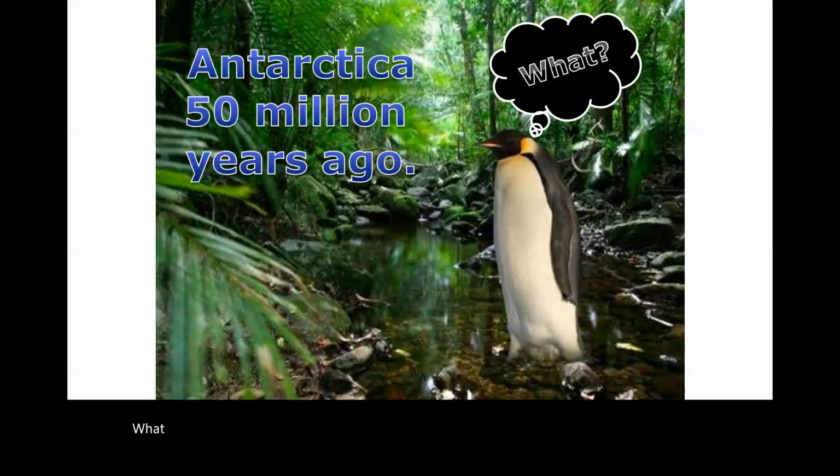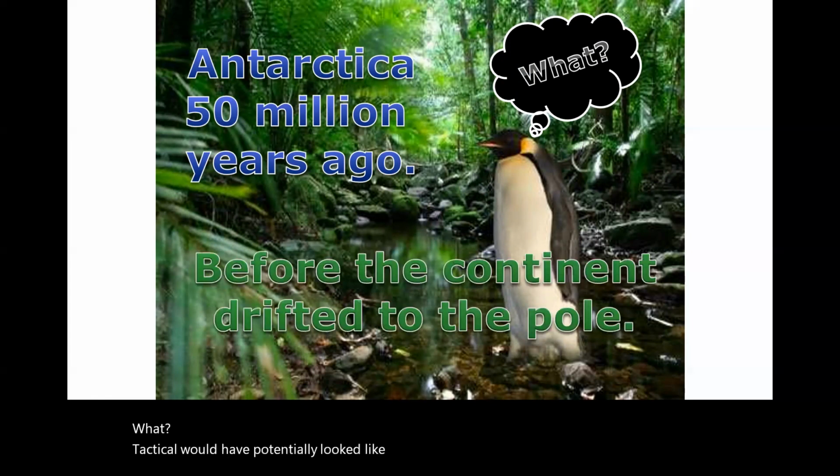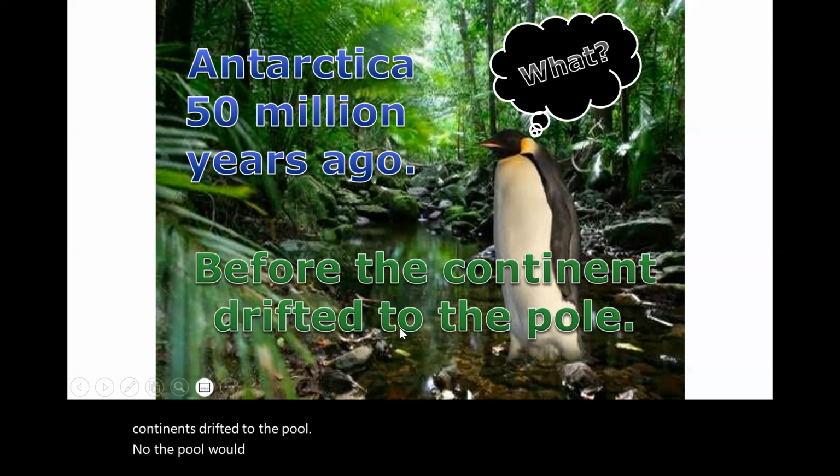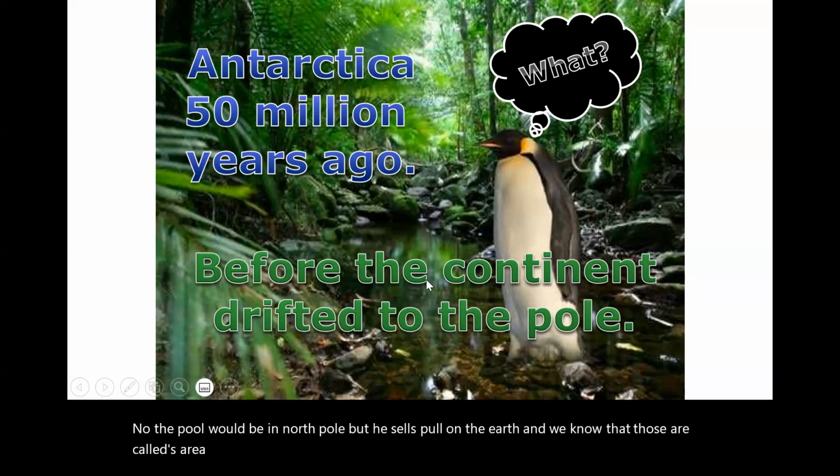Antarctica would have potentially looked like this 50 million years ago, before the continent drifted to the pole. Now, the pole would be the North Pole or the South Pole on the Earth, and we know that those are the coldest areas, the Arctic and Antarctica. In fact, where he came from, it was all ice.